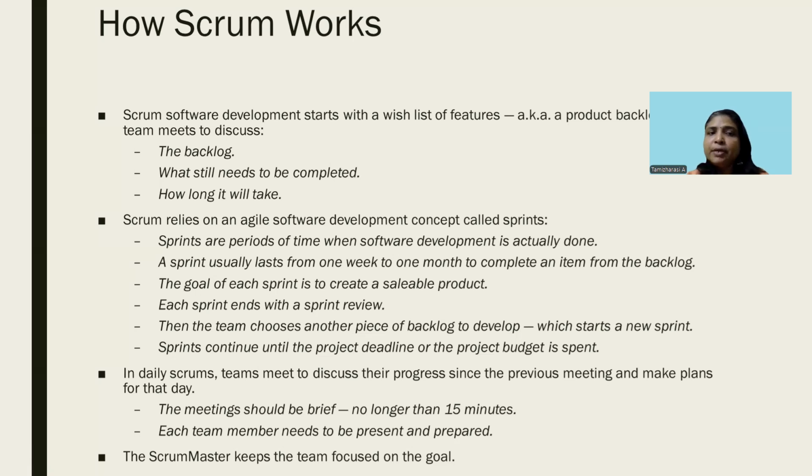How much time you can take for each sprint will also be discussed, and a sprint can last from 1 week to 1 month at most. The goal of each sprint is to create a scalable product. After each sprint is over, there will be a sprint review to review the quality and the status of the project. So this is how it goes on.